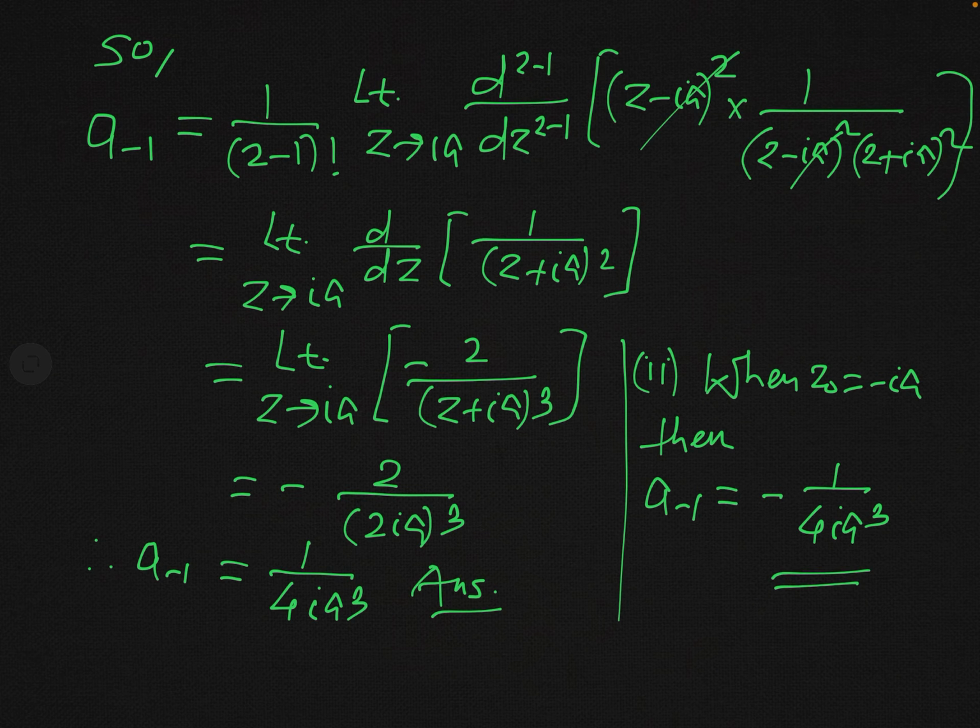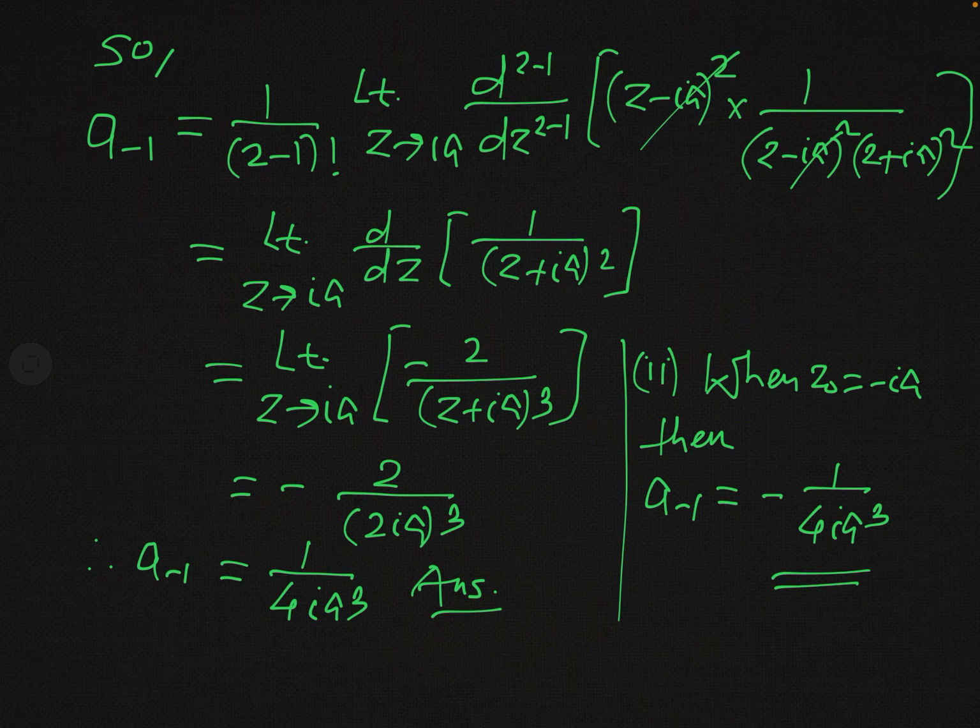Now we simply differentiate this 1 over (z plus ia) squared. This will be minus 2 over (z plus ia) cubed. Now we put the limiting value of z, which is ia.